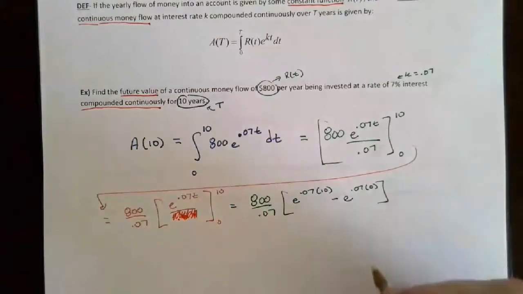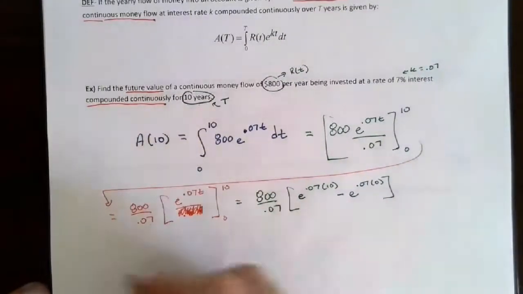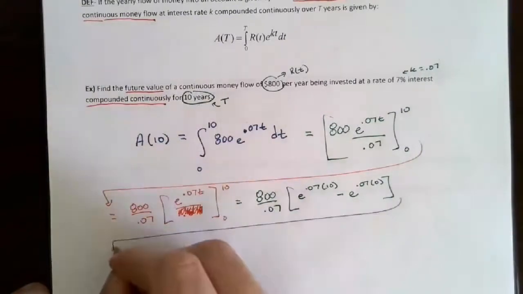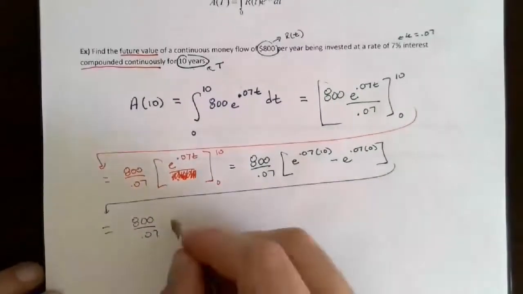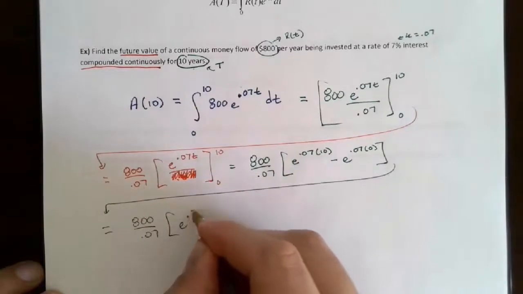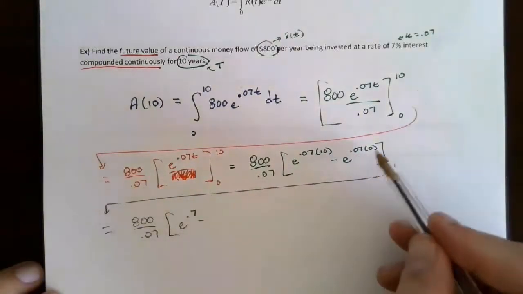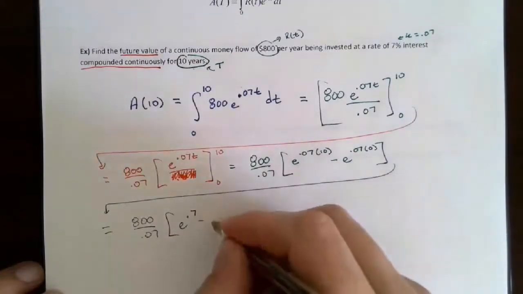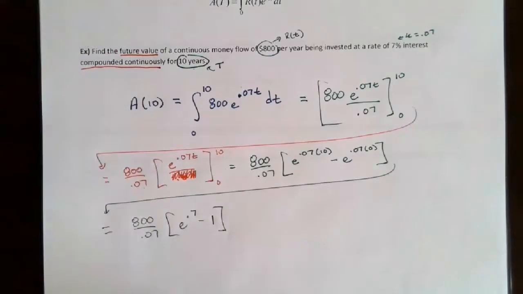So let's take a look at what this becomes. We have 800 over 0.07 times e to the 0.07 times 10, which is e to the 0.7 power, minus, remember, this is going to be e to the 0 power, which anything to the 0 power gives you 1. So e to the 0.7 minus 1.